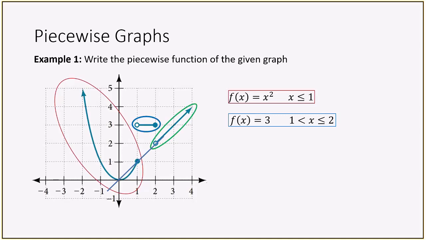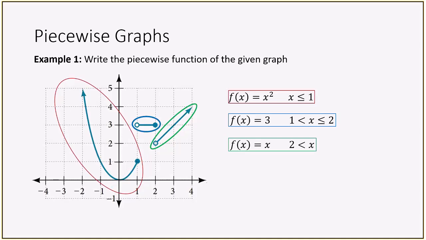So my y-intercept of that line is 0. And looking at the line, it goes up 1 over 1, up 1 over 1. So I need to write the equation of a line with the slope of 1 and a y-intercept of 0. That's f of x is equal to x. Then we ask ourselves, what values of x is that happening on? It's happening for everything bigger than 2. So x is greater than 2.